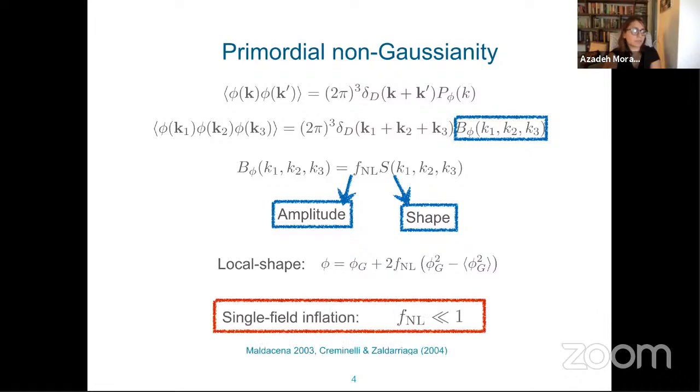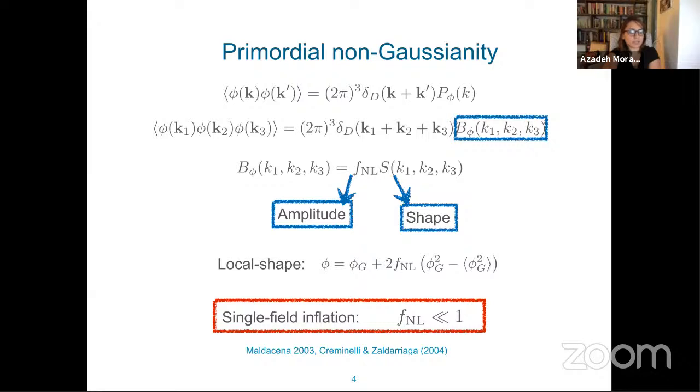In particular, a shape of a lot of interest is the local shape, which phenomenologically can be characterized in terms of a quadratic correction to the Gaussian field. It's interesting because in single-field inflation models, the local shape primordial bispectrum should be suppressed.